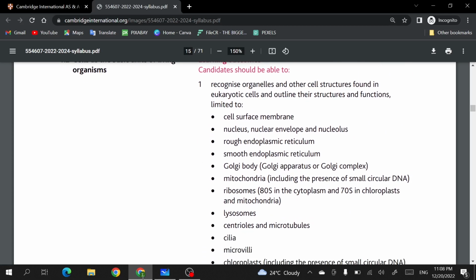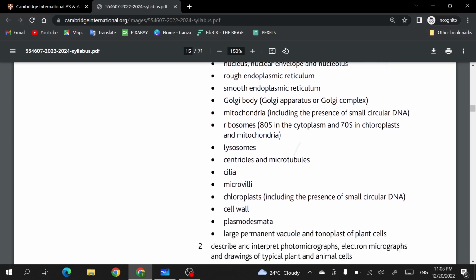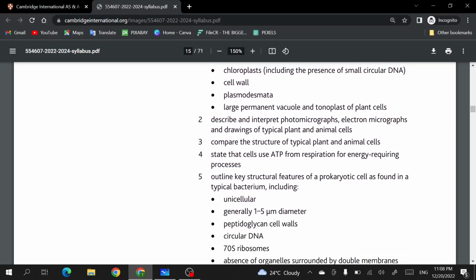So here you get a breakdown of all the organelles, the cell structures found in a eukaryotic cell. I guess you know the functions, as you have seen in your textbook.